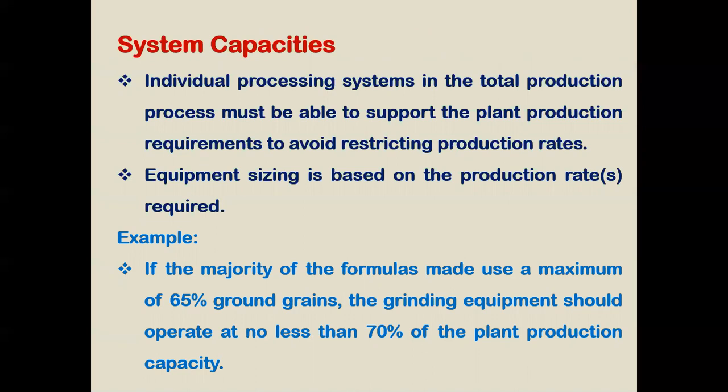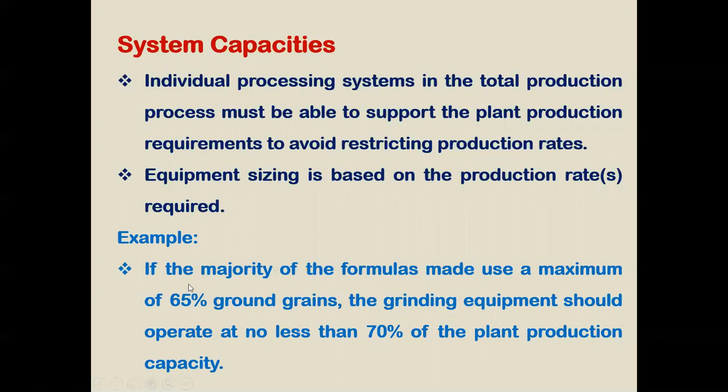And equipment sizing is based on the production rate as required by the feed mill, that means how many metric tons of feed are produced. So it depends on the capacity of that feed mill.